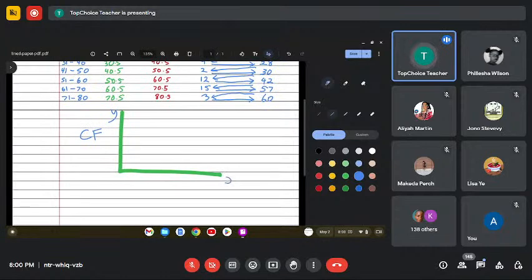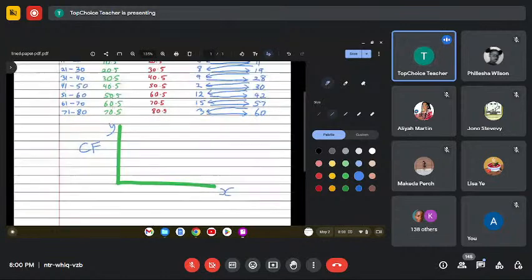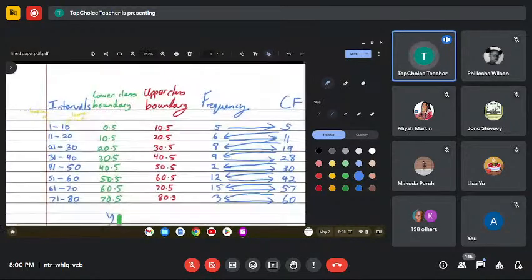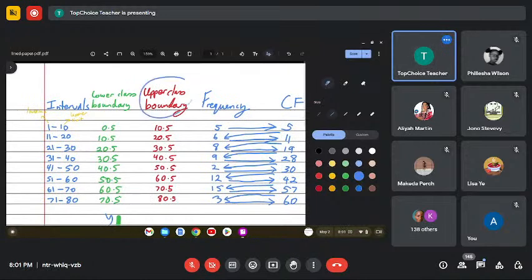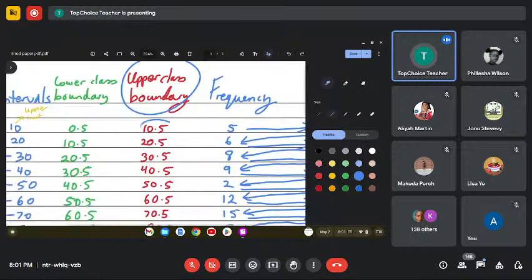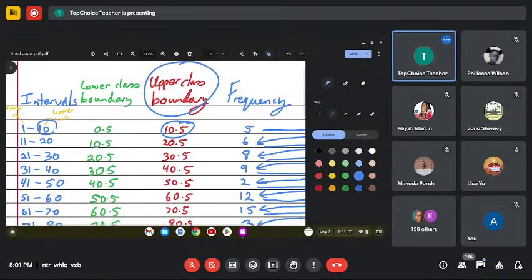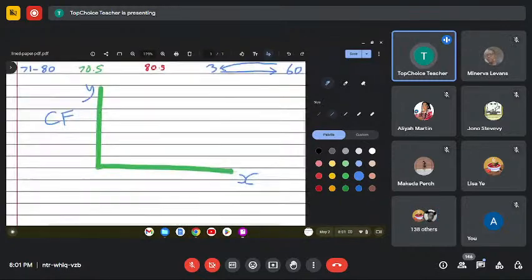What would I put on my x-axis? I could put either my boundary or my upper limit. It wouldn't matter for this question because the numbers are so close to each other. So I'm just going to put upper limit here.